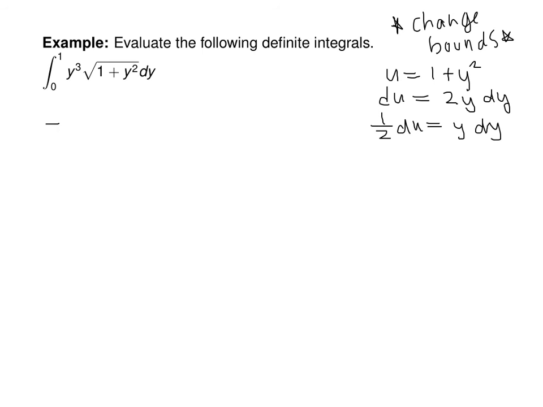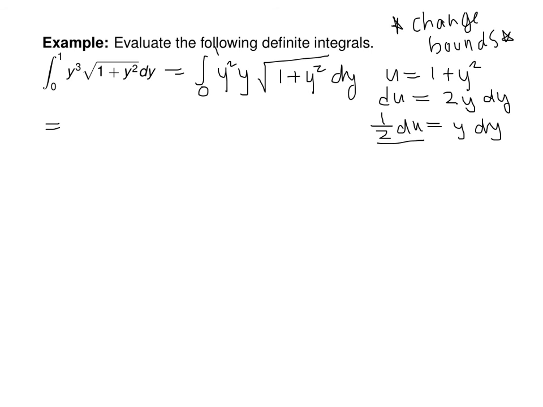So 1/2 du will equal y dy. Now there are a couple things that are tricky. First of all, the integral from 0 to 1 of y cubed is y squared times y. That's not very tricky. So the y gets replaced by the 1/2 du.